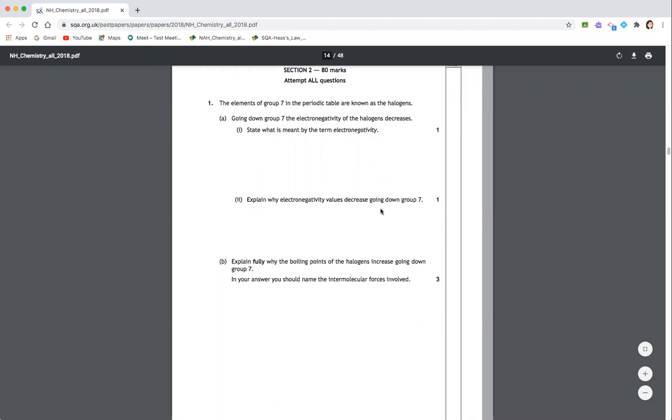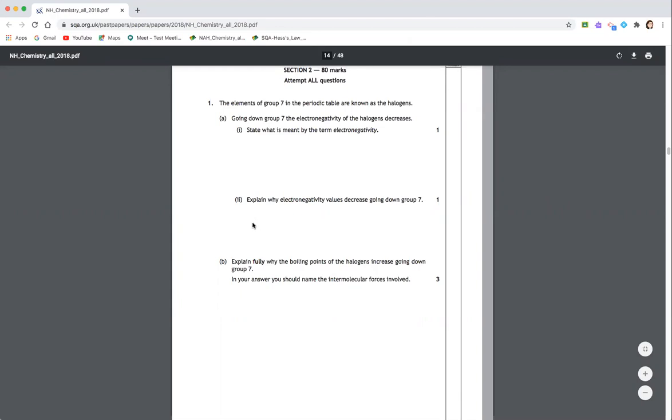So because electronegativity is an atom's attraction for bonding electrons, that's all to do with how much nuclear charge the outer or bonding electrons are going to be experiencing.